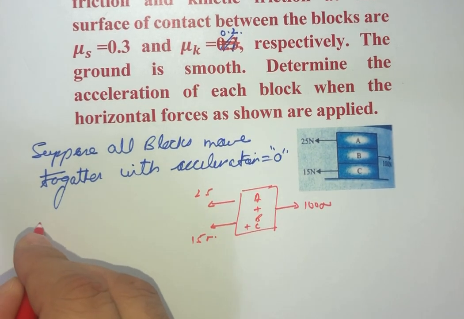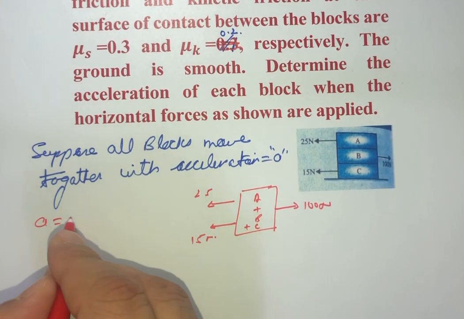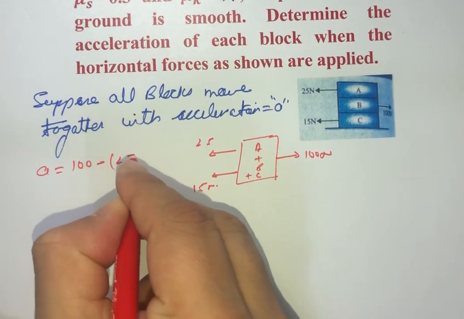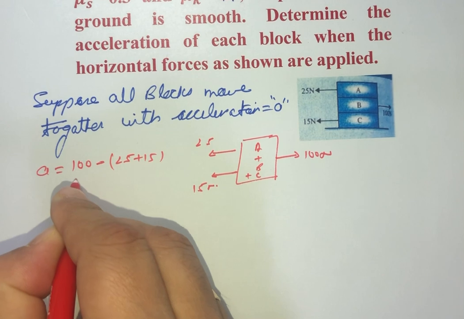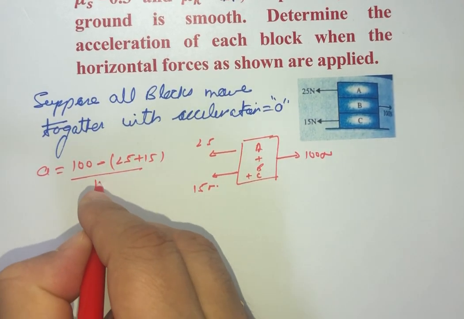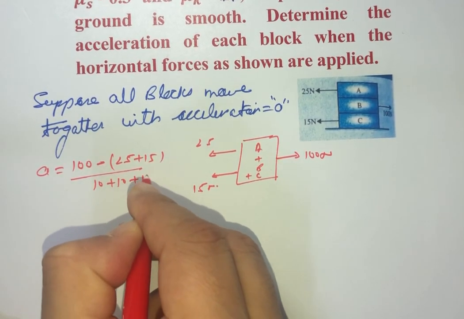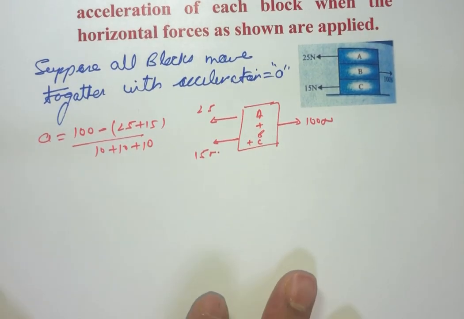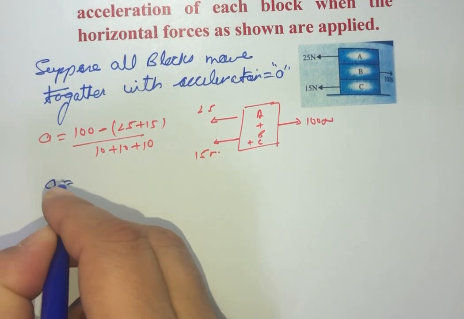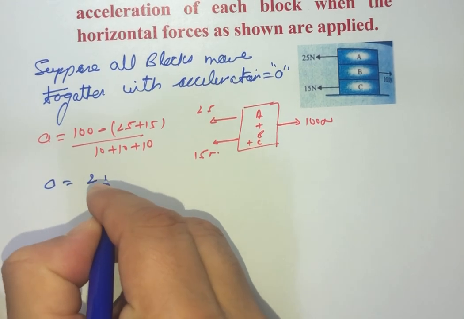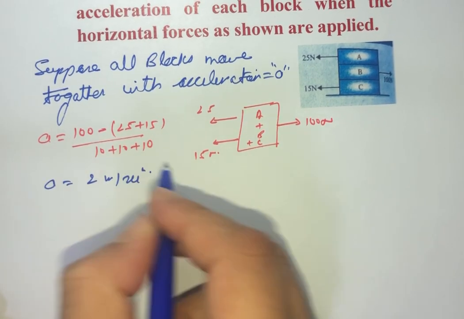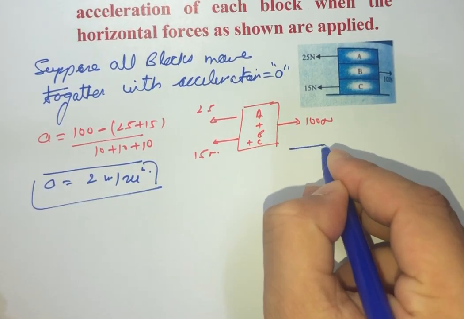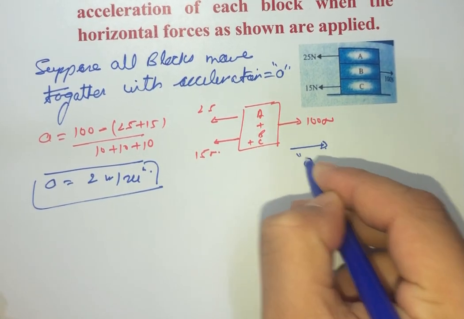So acceleration A will be equal to 100 minus (25 plus 15) divided by 30, that is 10 plus 10 plus 10. So our acceleration A will be coming as 2 meter per second square. And we are assuming that they are moving in this direction with the acceleration A.